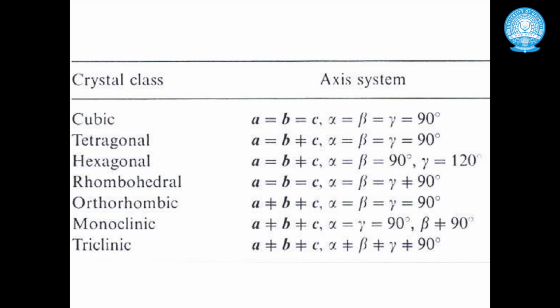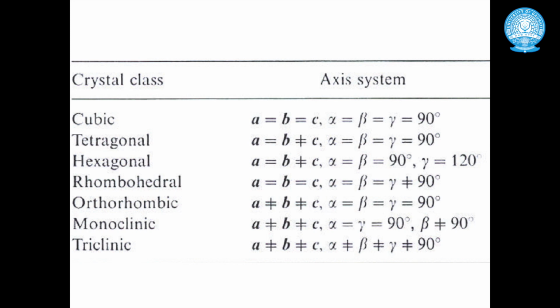Now the A, B and C lengths and the alpha, beta and gamma angles between A, B and C are lattice constants or parameters which can be determined by XRD, or X-ray diffraction patterns. So here there are a lot of physical parameters involved.